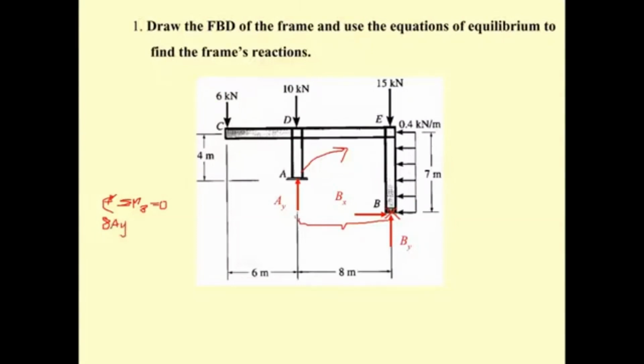We go by the positive sign convention here. And then we have a lot of forces. The 6 kilonewton is going to rotate in the opposite direction. The 10 kilonewton also, and this resultant also rotates in the opposite direction. And you can see this is 7, this is 0.4, so the resultant is going to be 7 times 0.4. How much is it?